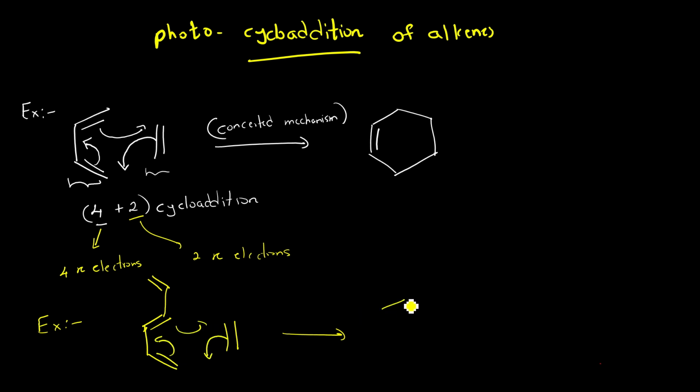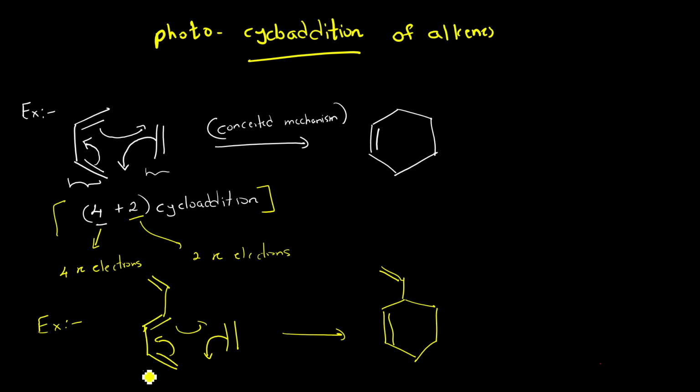So we have a cyclic molecule. The only difference is there's another part. Now if I ask you what's the symbol, I mean, what's the value for this particular reaction? So this is not 6+2.